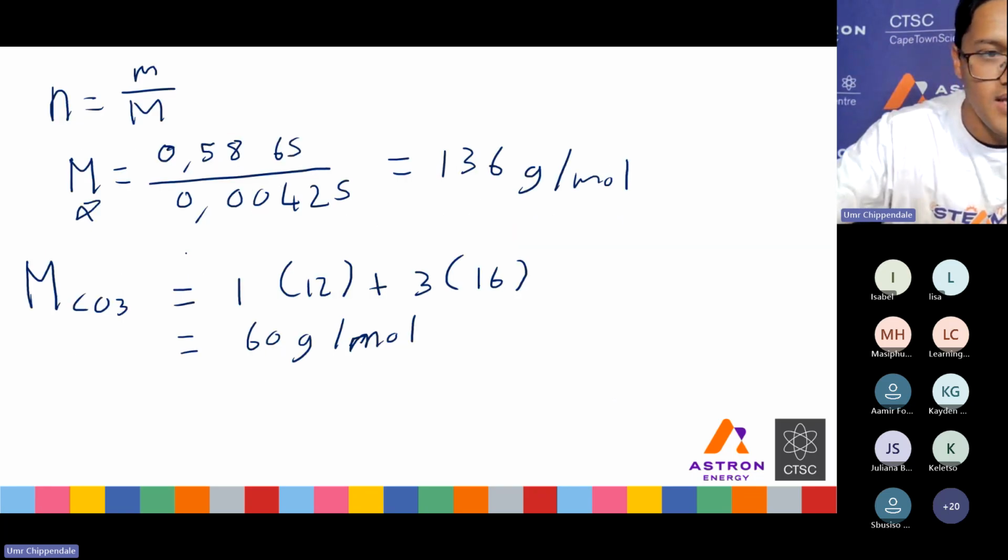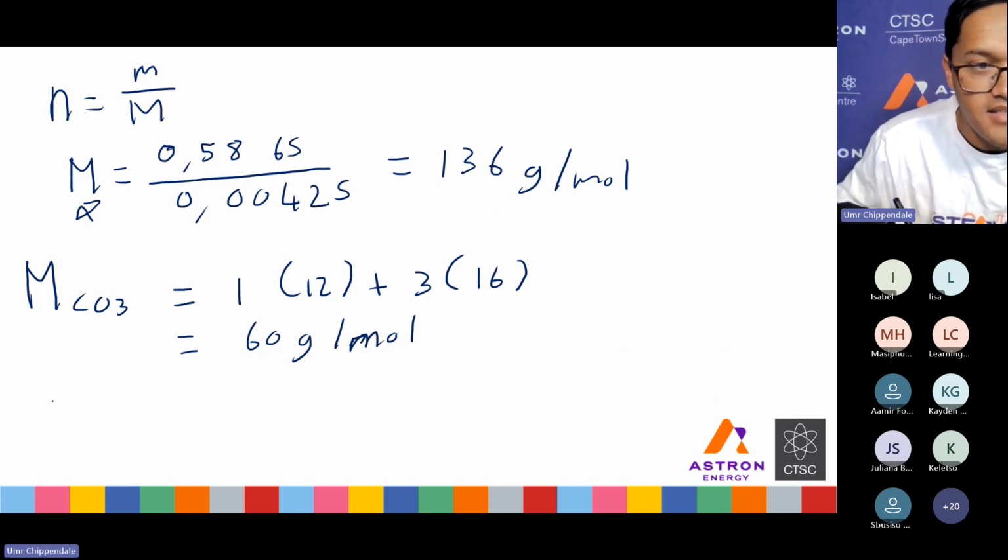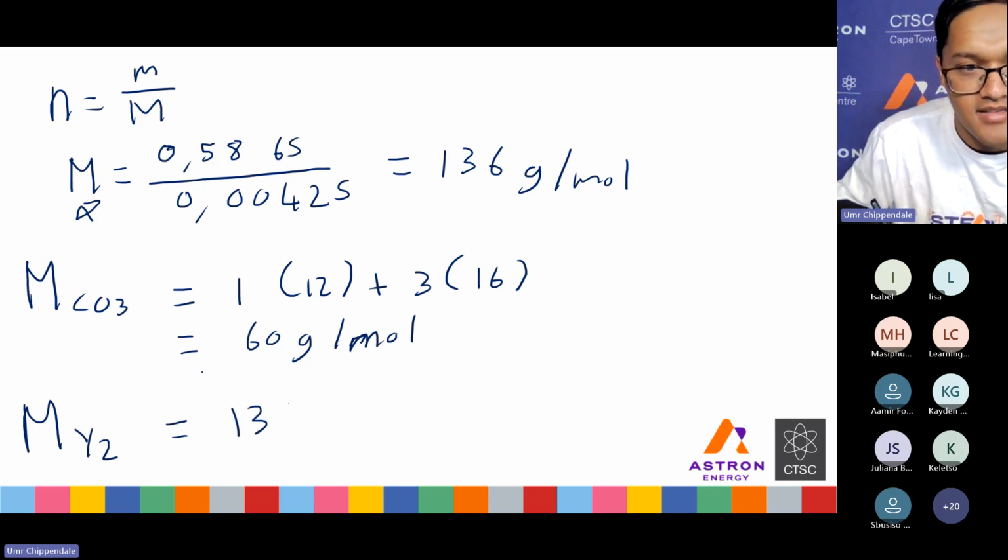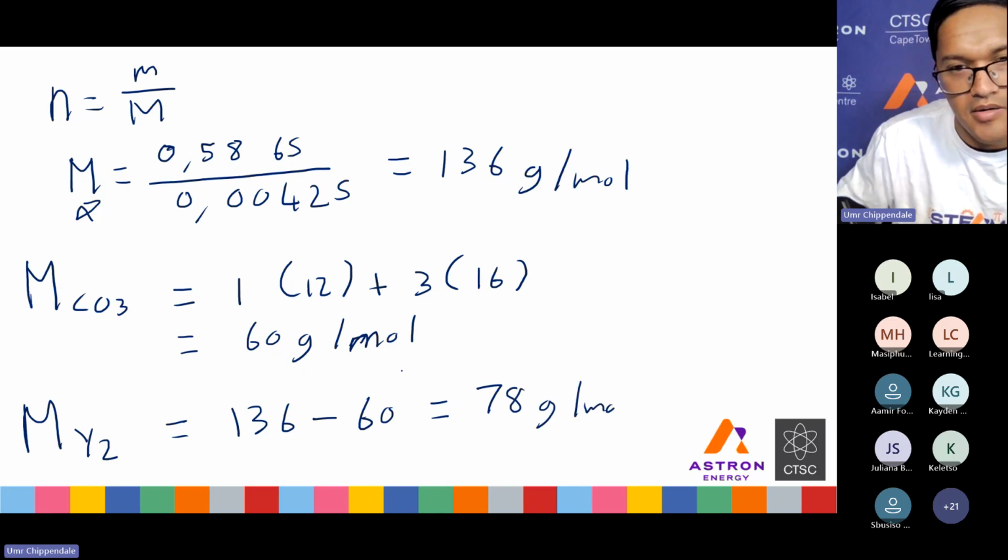Therefore, we can now say that the molar mass of your Y2 is equal to your 136, as you can see it's on top of the slide, minus the molar mass of your carbonate, CO3 on its own, which is 60. You subtract that and you'll get a value of 78 grams per mole.